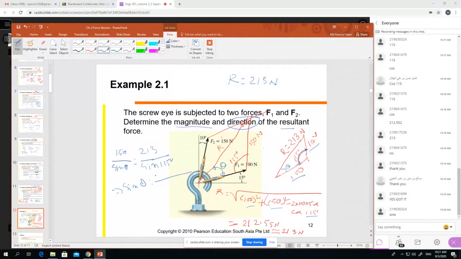Sine theta equals 150 divided by 213 into sine 115 degree. Okay, then what is the theta?